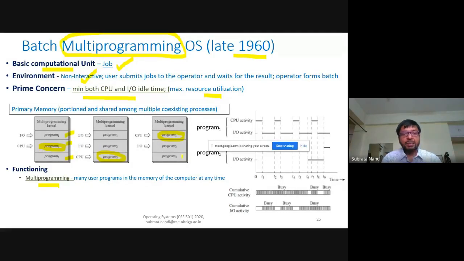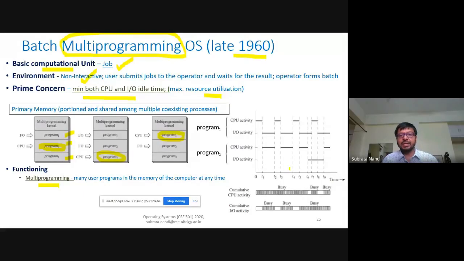But in doing so, there are new challenges that occur. Before we get into those challenges, let us see the timing diagram. As you can see here, for program 1 and 2, it might happen that at a particular point of time, when this program is executing on the CPU, the program 2 is not.